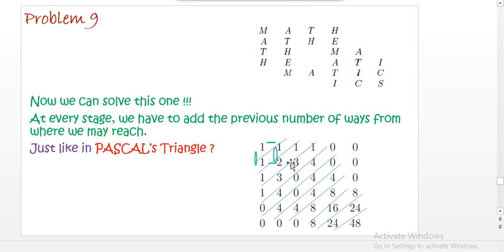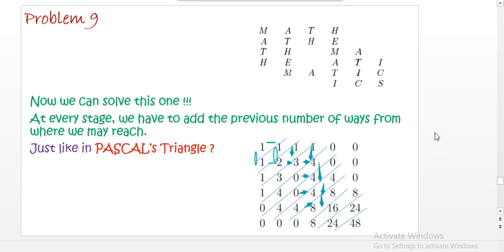Similarly 2 plus 1 is 3, 1 plus 3 is 4, 4 plus 0 is 4, 4 plus 0 is 4, 4 plus 4 is 8, and so on till we reach the last point S.